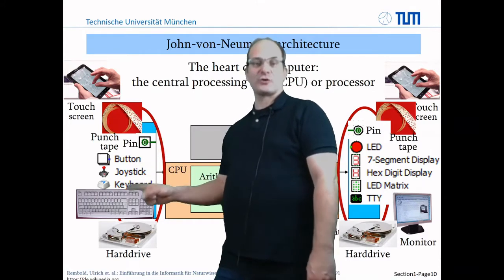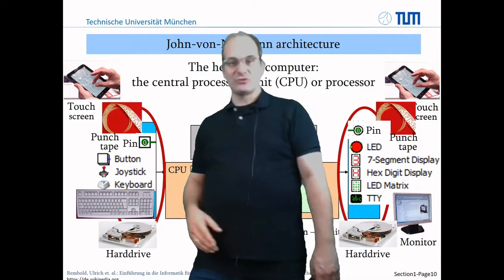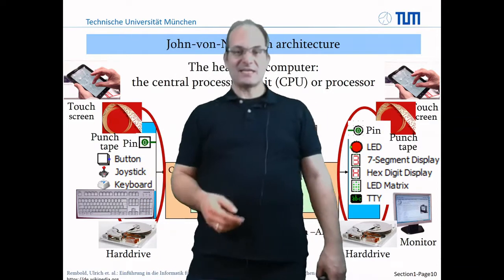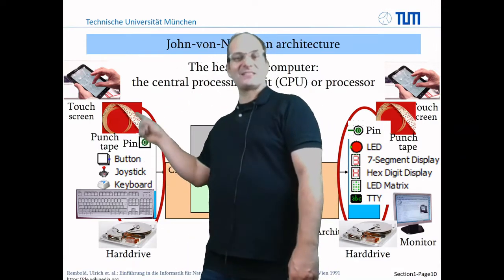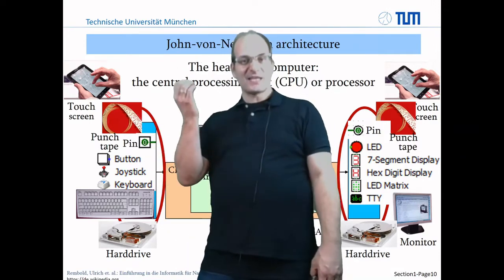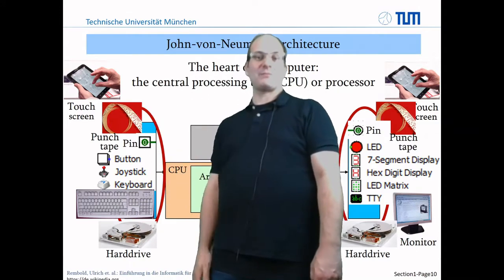Also, buttons, joysticks, keyboards, other hardware can be used to send data, but remember also programs. So for example, here in this case, we also send in our command. So this can be used for the input.